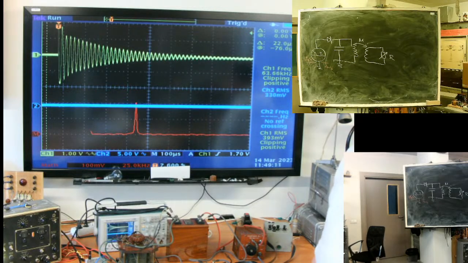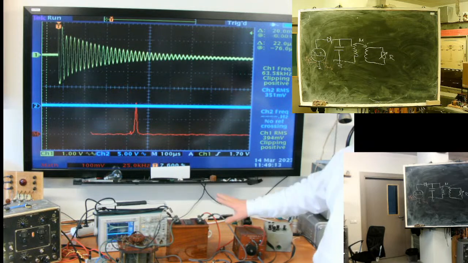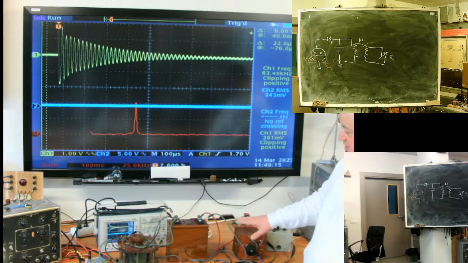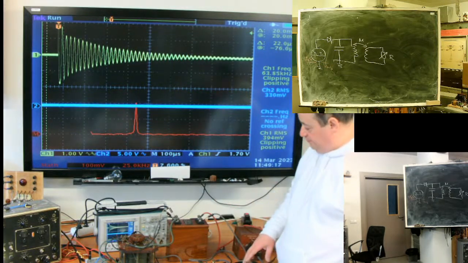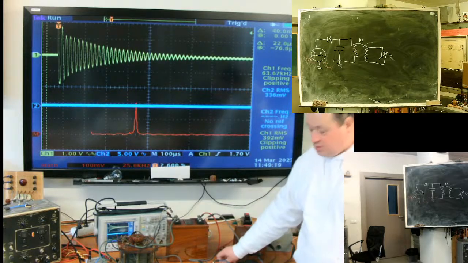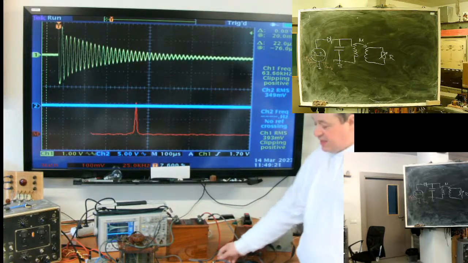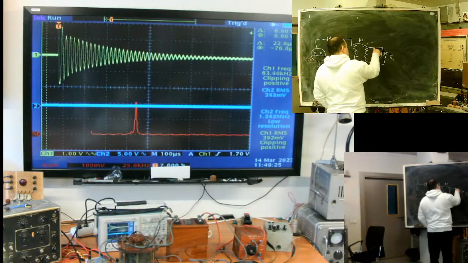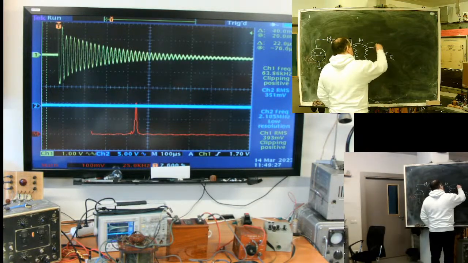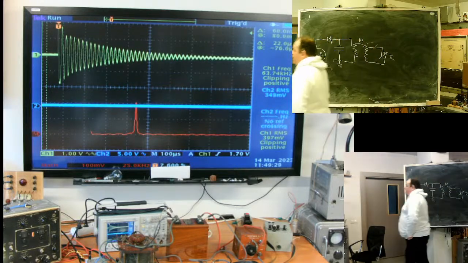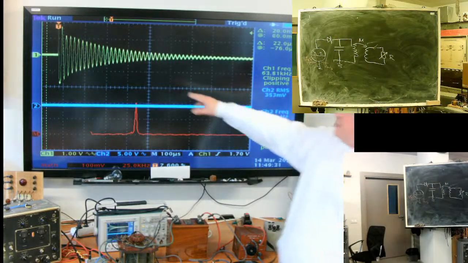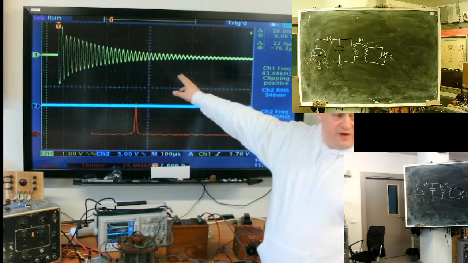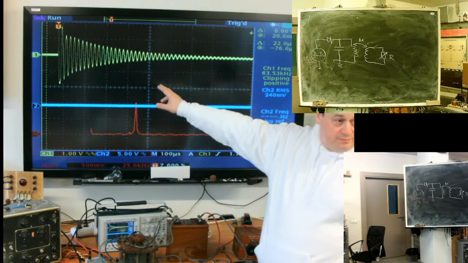So here I have a transformer, copper coils with a coupling of 10 millihenries. Now I put the plug off, secondary. Here I have a disconnect switch. And we see nice decaying oscillation of the resonant contour. Yeah?